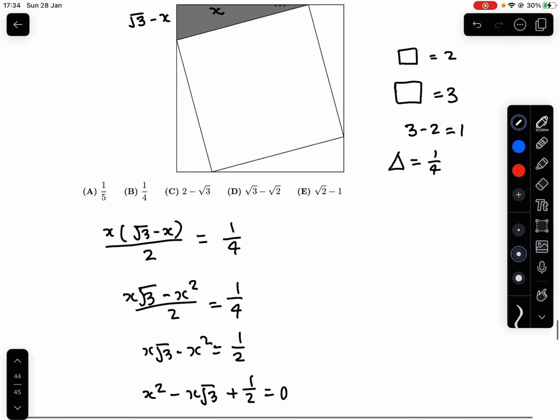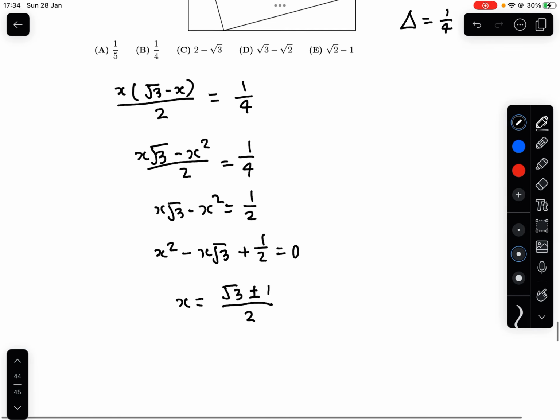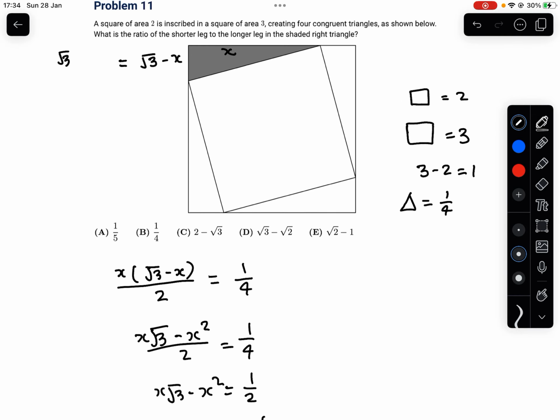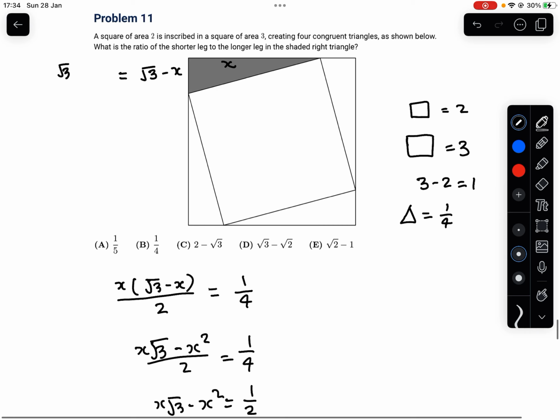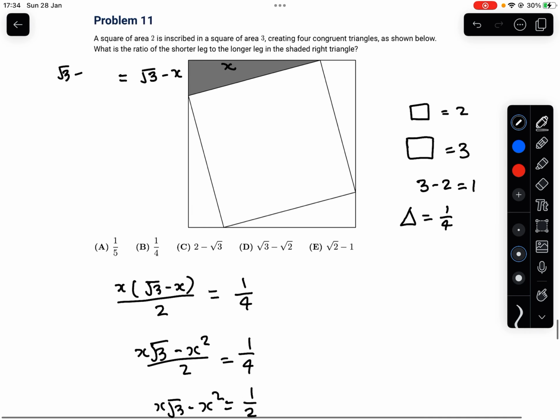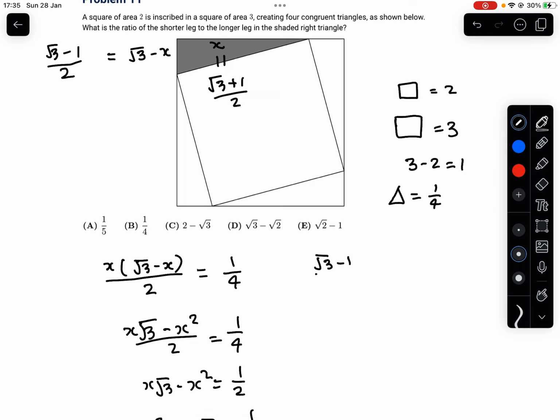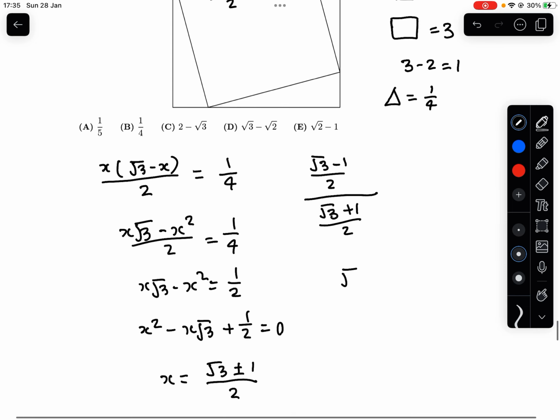So then the root 3 minus x side is going to be root 3 minus 1/2, and the x side is going to be root 3 plus 1/2. So the ratio of the shorter side to the longer side is going to be root 3 minus 1/2 over root 3 plus 1/2.